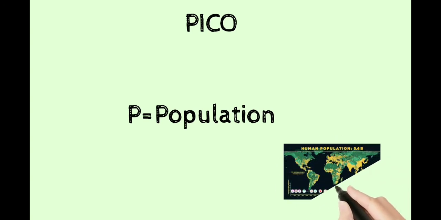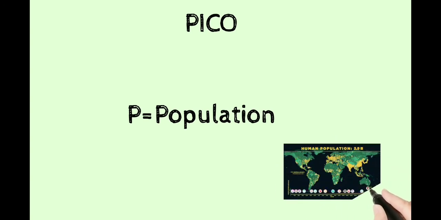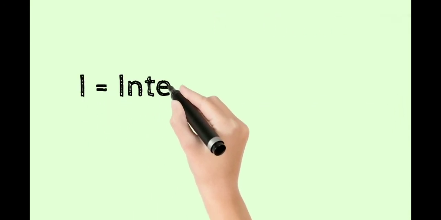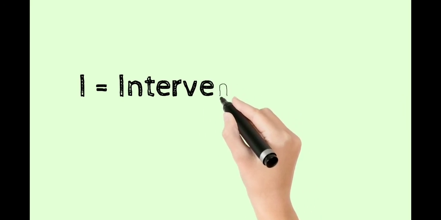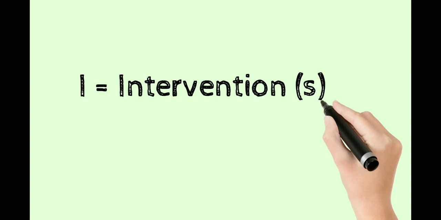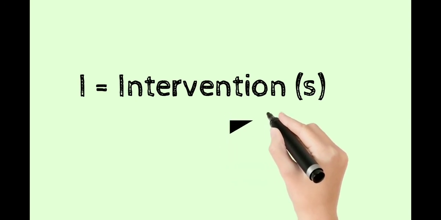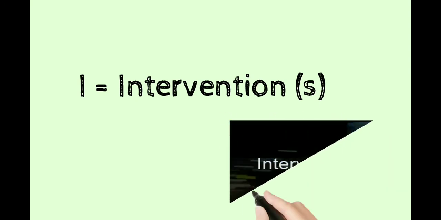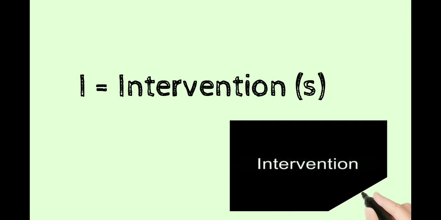As far as I, C and O are concerned, let's move to the other slide. I is the interventions or exposure, the main actions such as treatment, diagnostic test or risk factors.